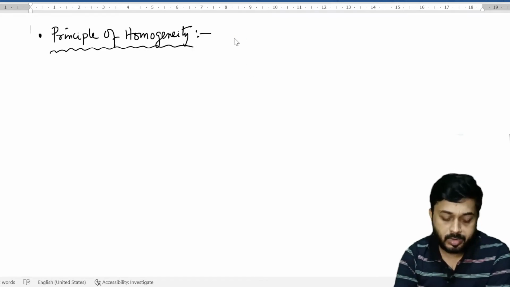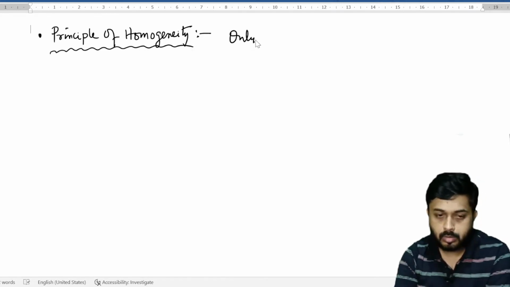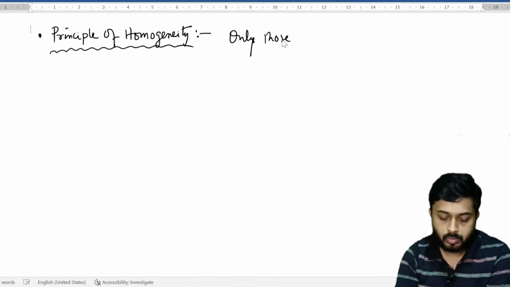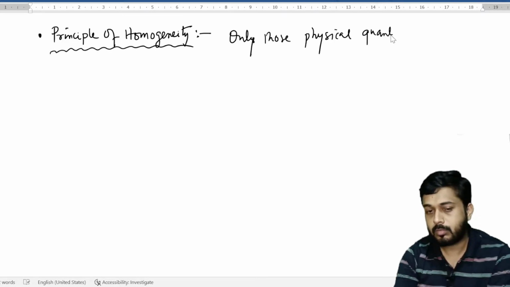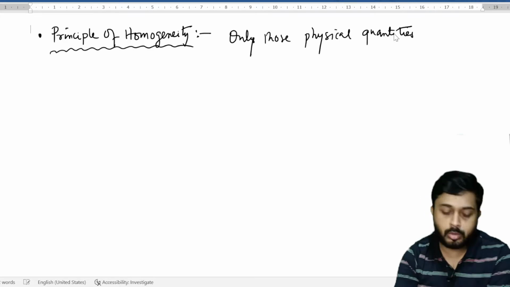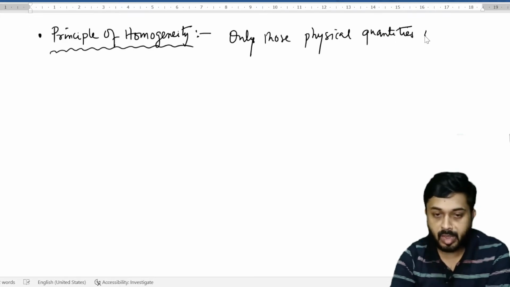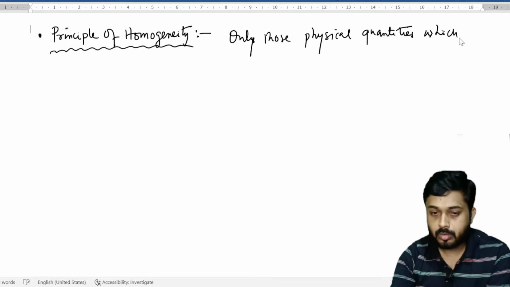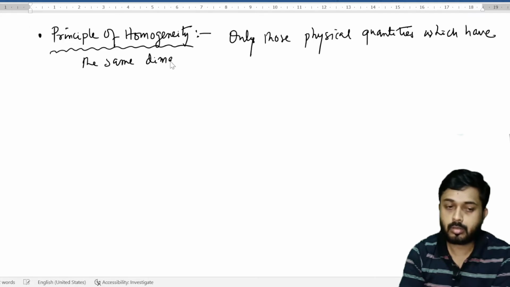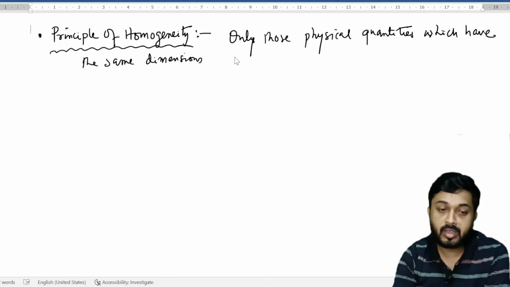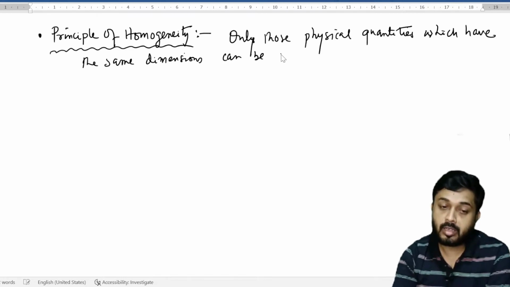It only says that only those physical quantities which have the same dimensions can be added or subtracted.